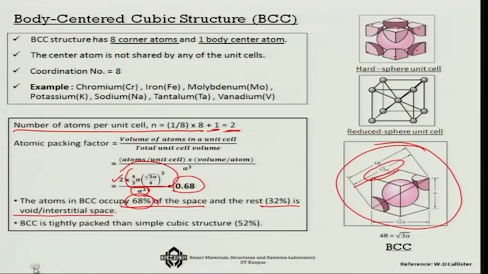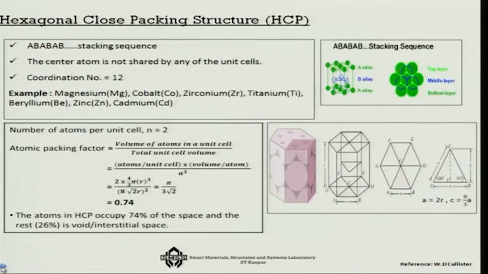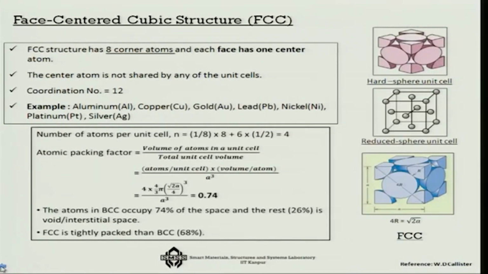Let us look at another structure, and that is face centered cubic structure, FCC. In this case you have the corner atoms which are giving 1/8 times 8, because you have 8 corner atoms, and then you have atoms at the face center, each face center.